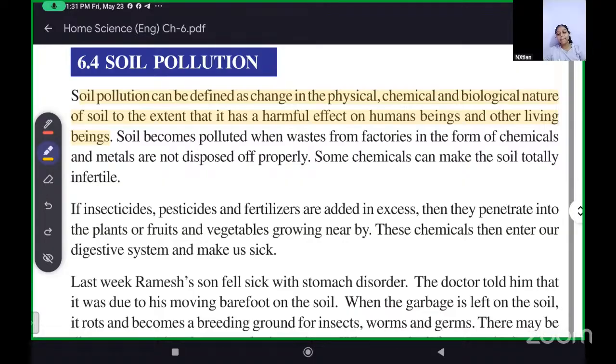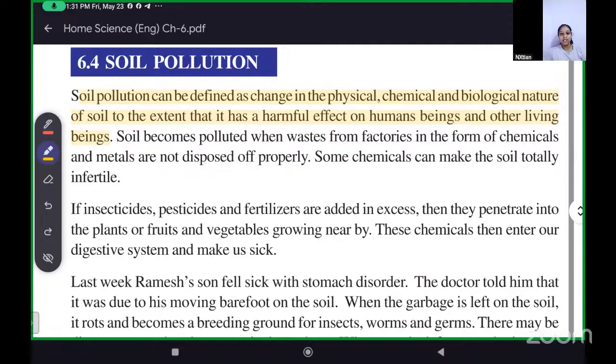Physical nature is basically the physical state of soil. It is changed when soil pollution takes place. It can be that the soil has dispersed totally. Chemical change is change in the chemical nature of the soil.